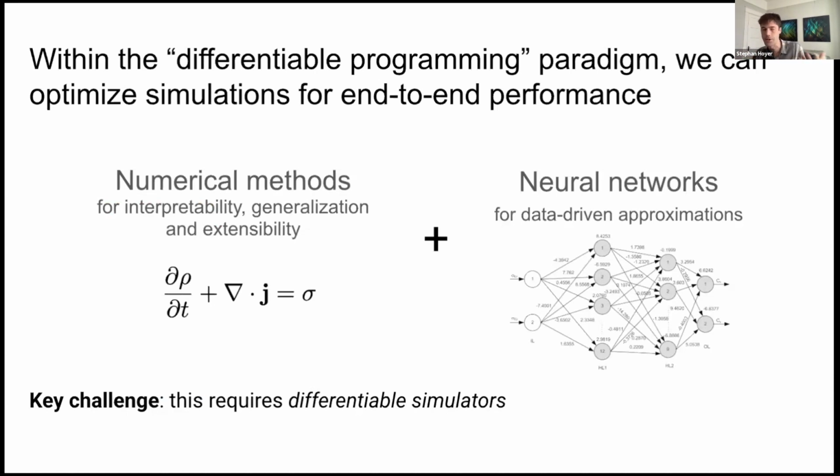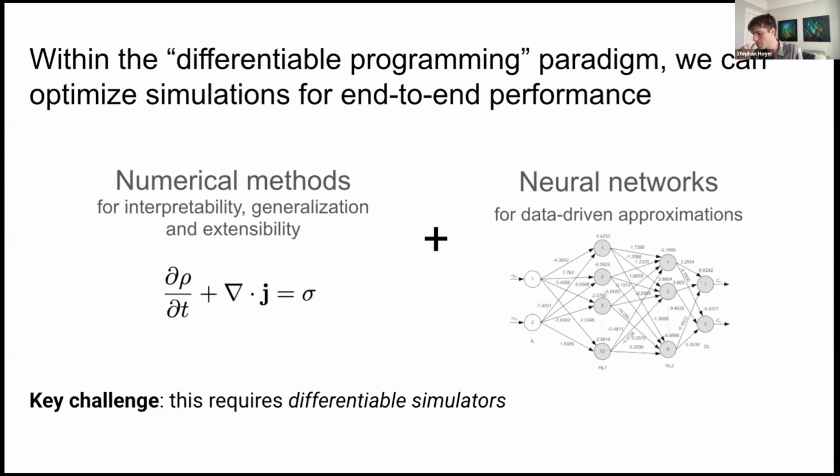And you can optimize the entire thing together for some end-to-end objective. So in the case of scientific computing, we can combine numerical methods, which we understand well, and which can give all sorts of nice guarantees. We can do things like solving equations. We can integrate those in really arbitrary ways with neural nets.